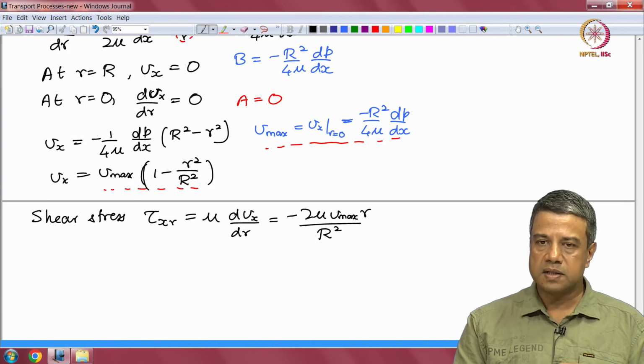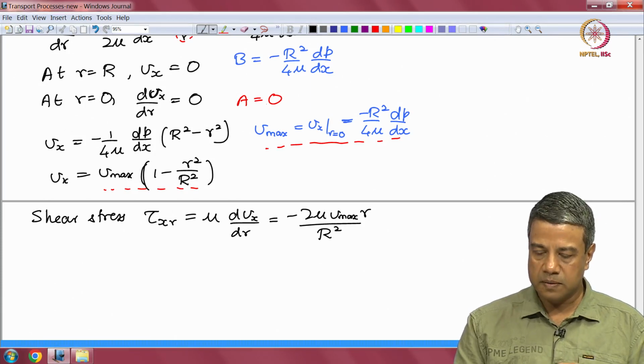So, this is the force acting at a surface whose outward unit normal is in the r direction.